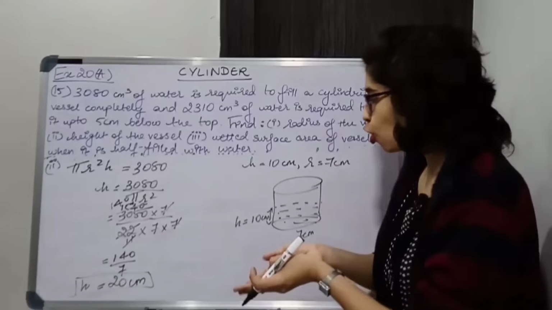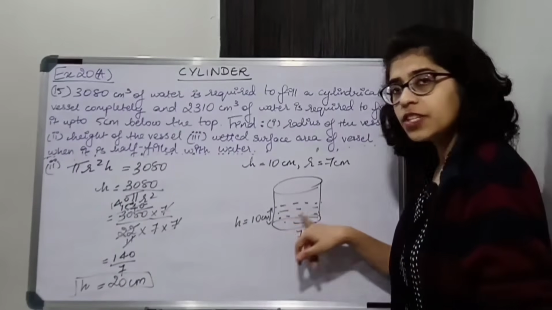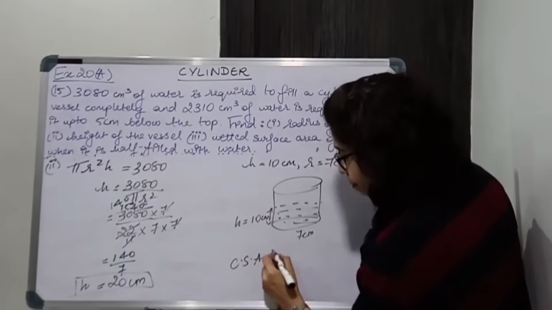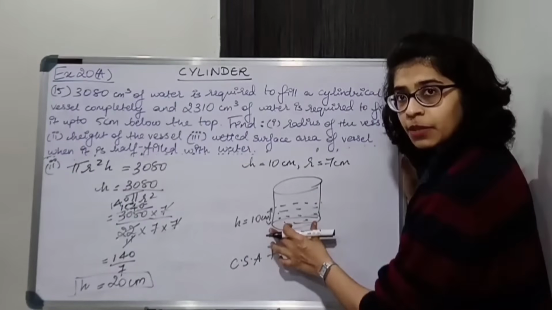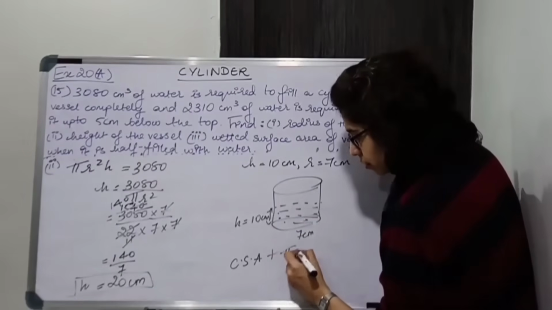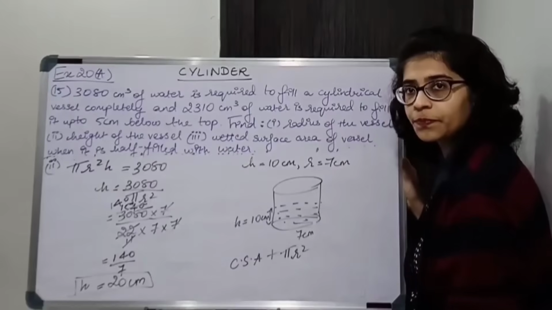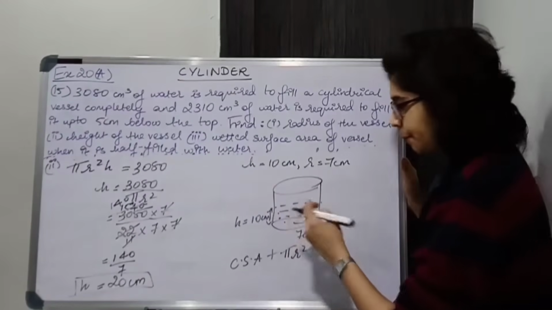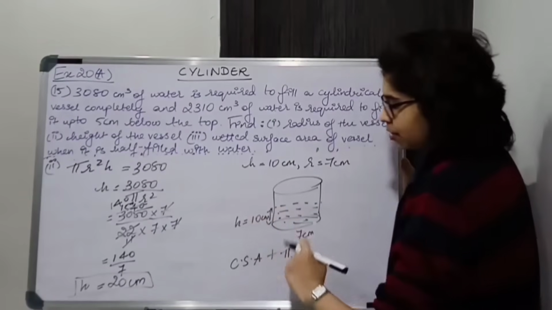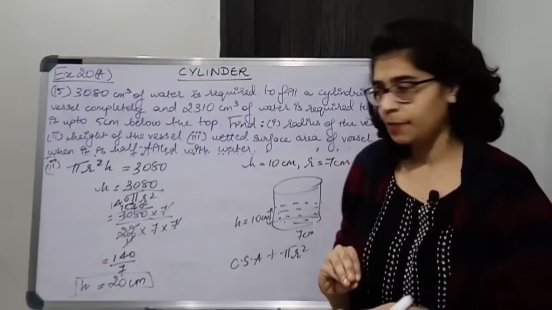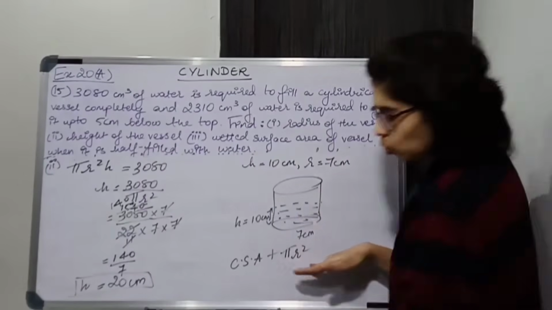All right, so curved surface area उतना wet होगा, so that curved surface area we have to find, plus the base of the cylinder will be wet. All right, so plus base का area is what? Pi r square. All right, so this half cylinder का area plus the base का area is going to give you the total area that is wetted. All right, so we'll find that now.